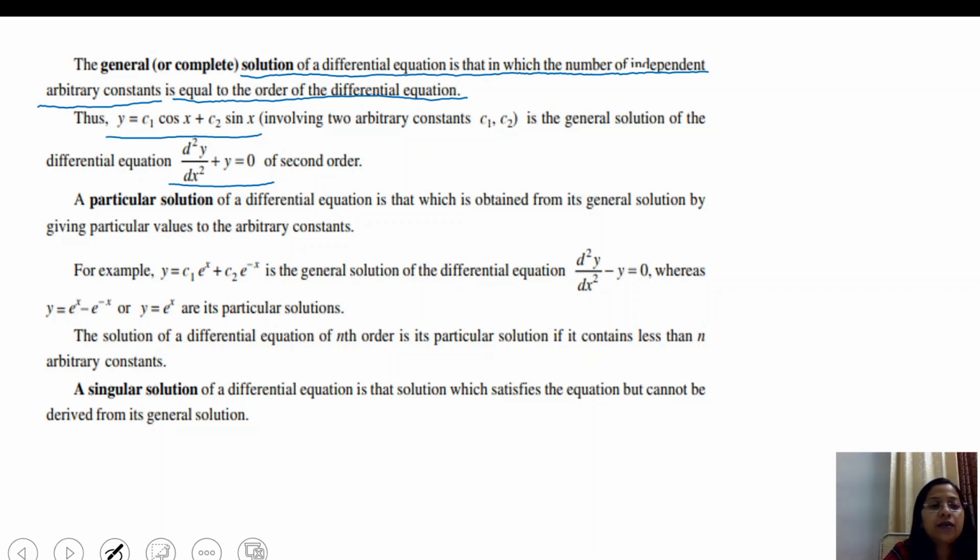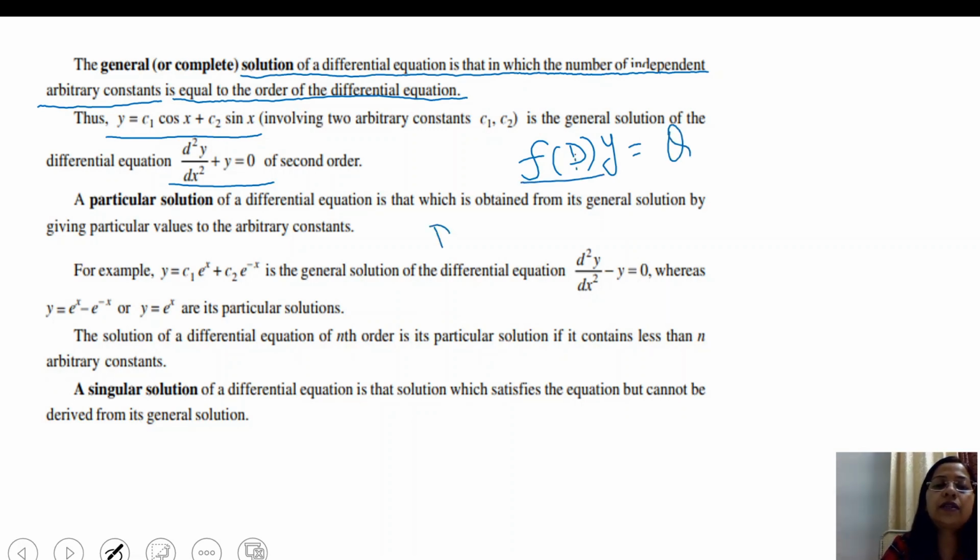Now, let's understand this term particular solution. Actually, the general solution or complete solution involves two parts. If I am having the differential equation in general form like this, f(D)y is equal to Q. What is D?